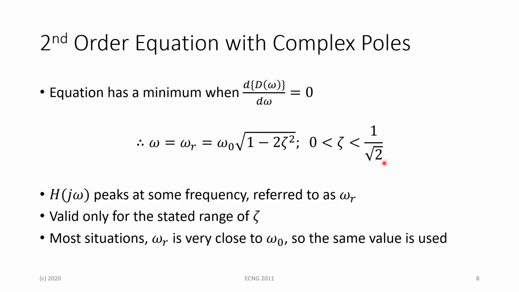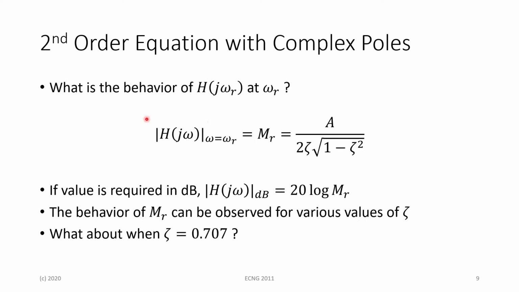When zeta lies between those two values, the magnitude of the H of j omega graph will peak at some frequency, referred to as the resonant frequency, omega r. In most cases, the resonant frequency is very close to the natural frequency omega naught. So once that occurs, we typically use the same value because the difference is very minute.